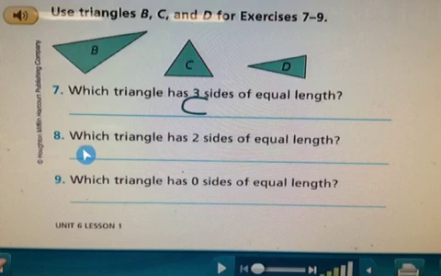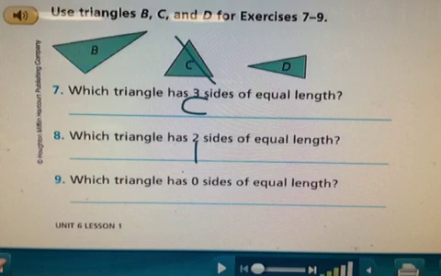Now let's look at 8. Which triangle has 2 sides of the same length? So we answered C. If we look at D, this one's really short and the other 2 look about the same. B has a really short one, and then as you can see, the tip of this triangle kind of goes off to the side, which makes this side really long and this side not quite as long.